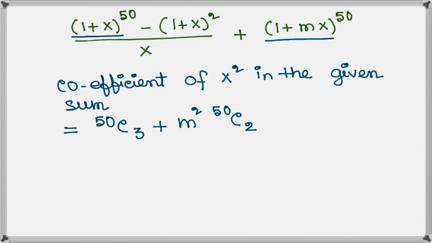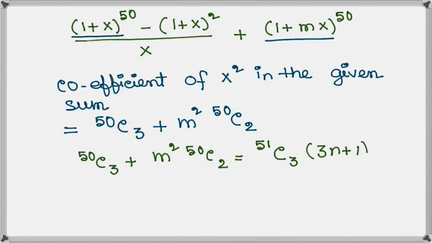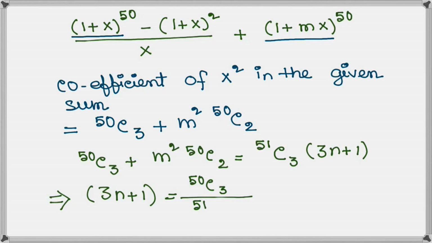Now this is given to be equal to 51C3 into (3n plus 1). So we get 3n plus 1 is equal to 50C3 divided by 51C3 plus m square into 50C2 divided by 51C3.